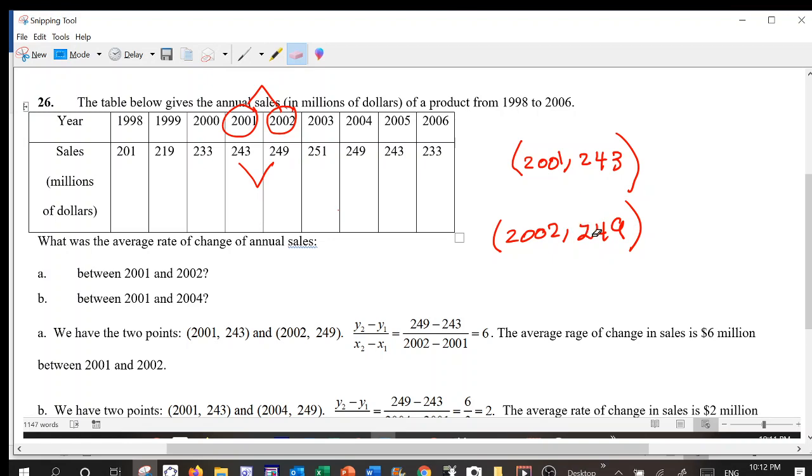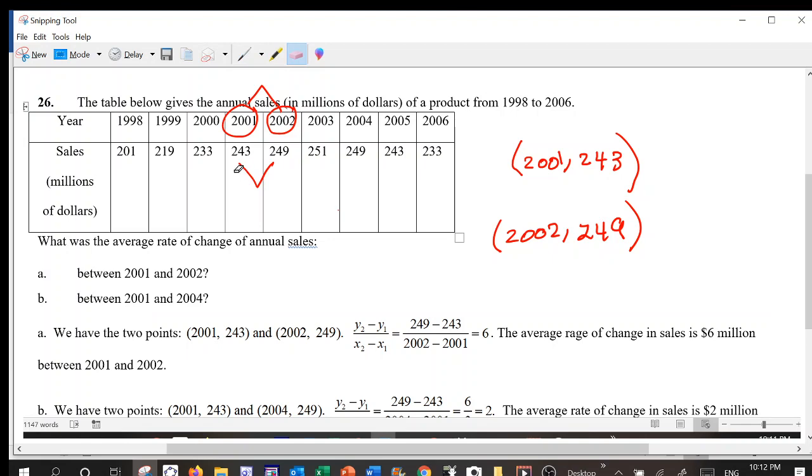We have two points, and these are the y values. So this minus this over this minus this. That's what we get, and it's $6 million per year, because the unit here is one year. So it's $6 million per year. That was the average rate of increase.